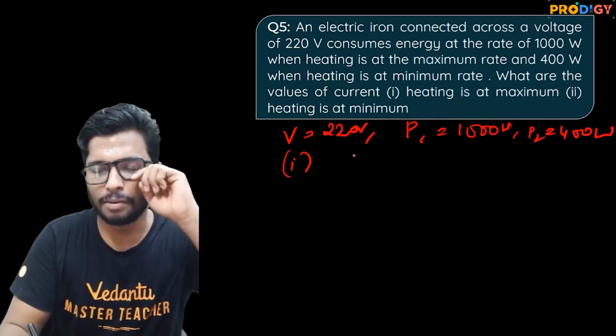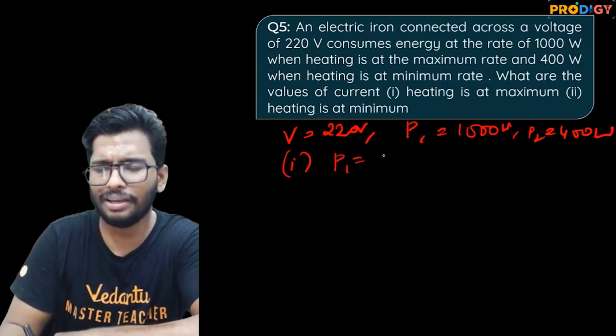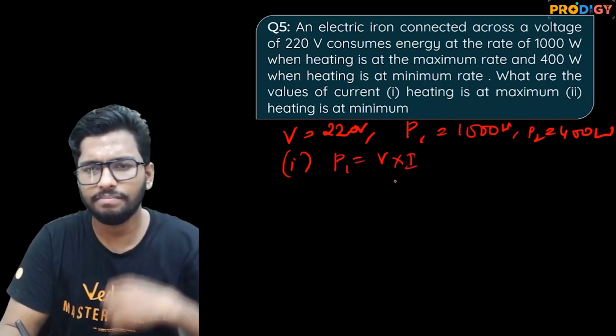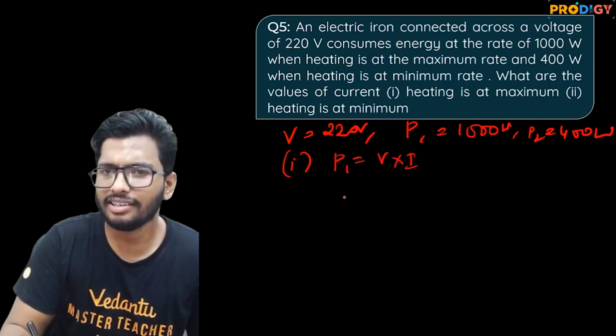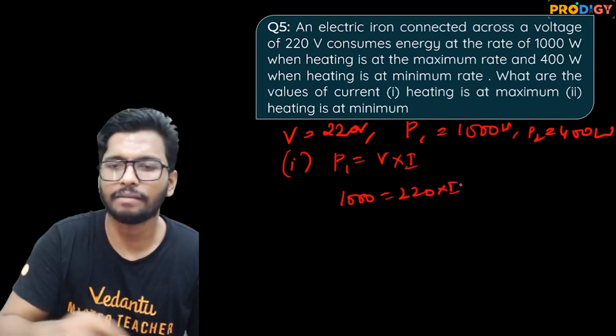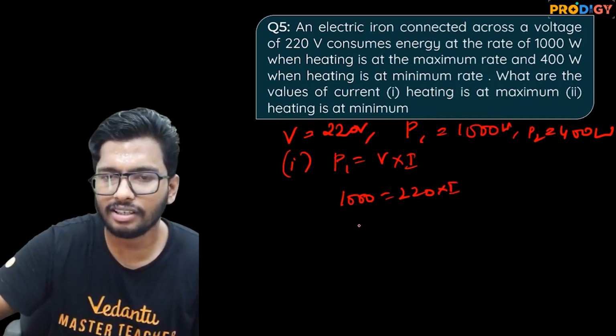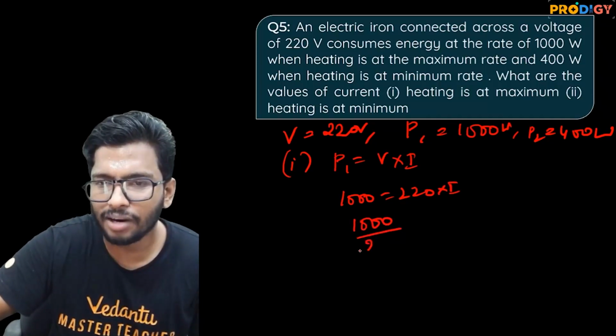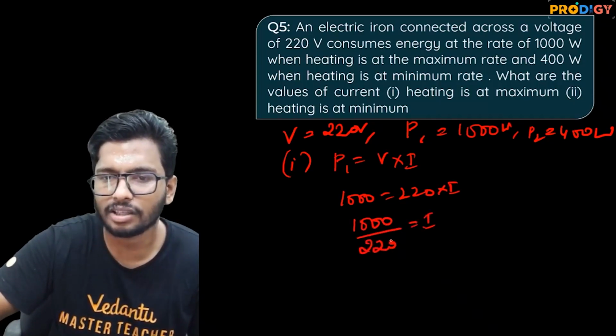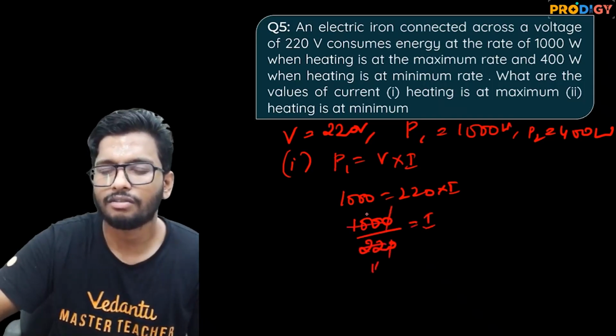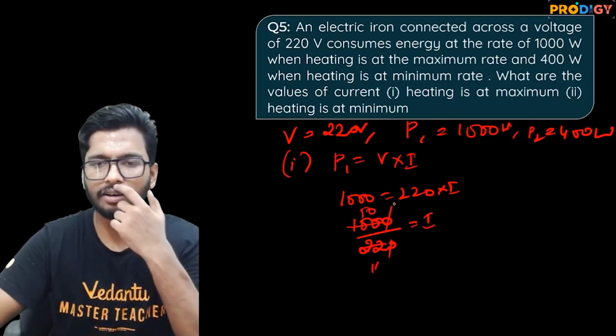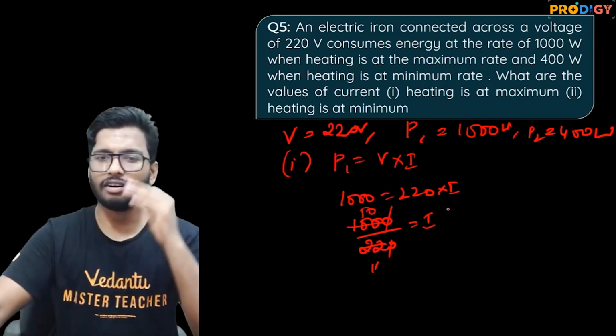So how do you calculate that, people? Once again, P is equal to V into I. So how do you find out the current? Quite simple. 1000 is equal to 220 into I. So 1000 divided by 220 is equal to I, where 0 gets cancelled. 2, 11, 2, 5, 10, 0, 11, 4, 44.